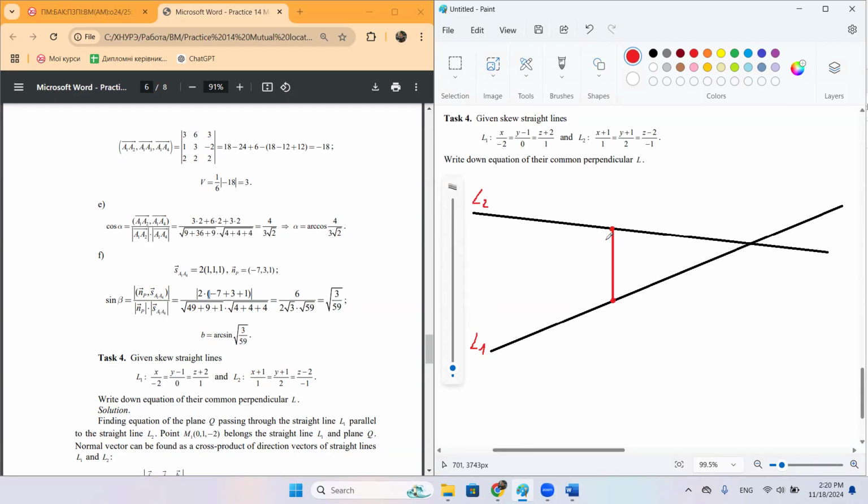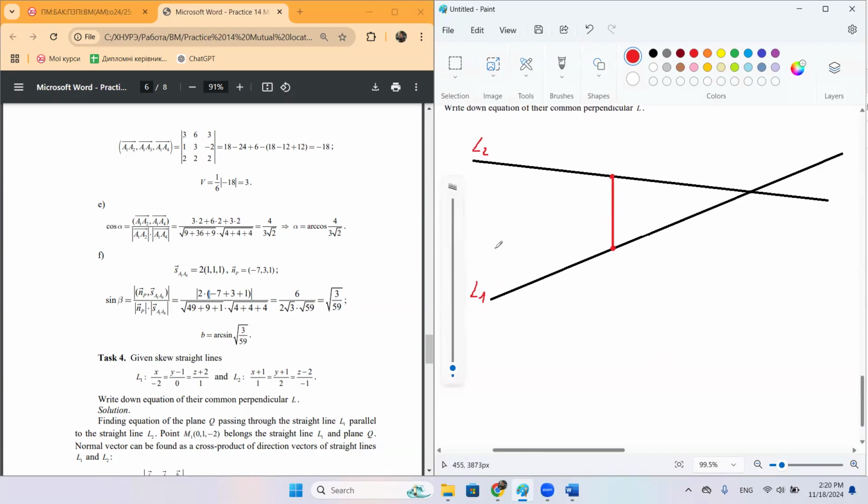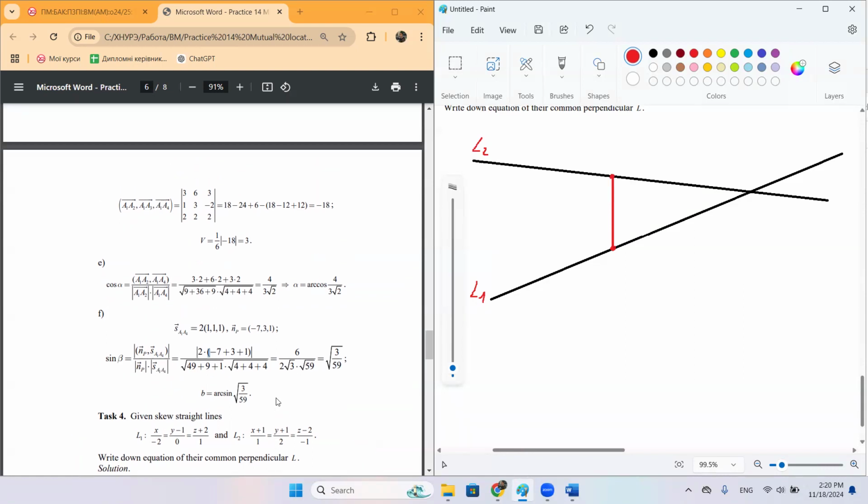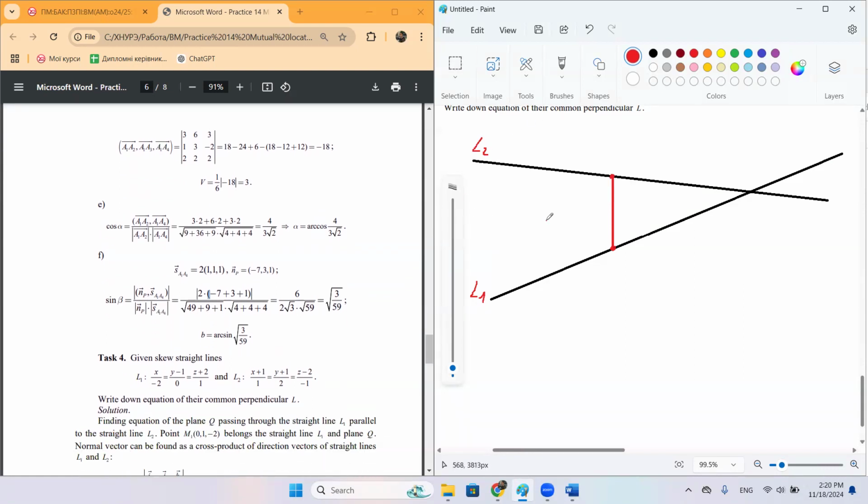First of all, we need to find the equation of the plane Q that is passing through the straight line L1 and parallel to L2.